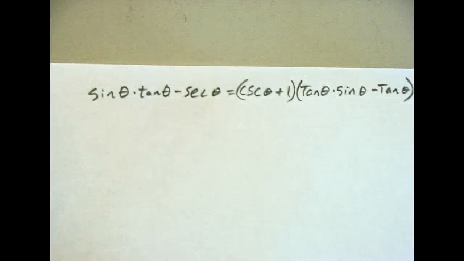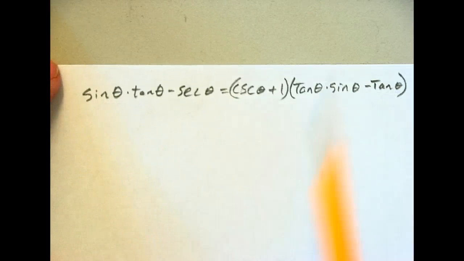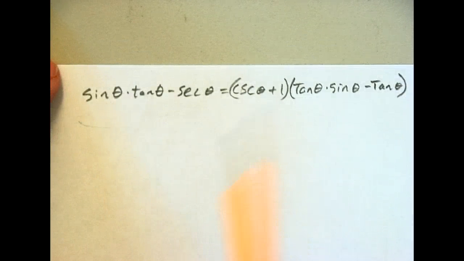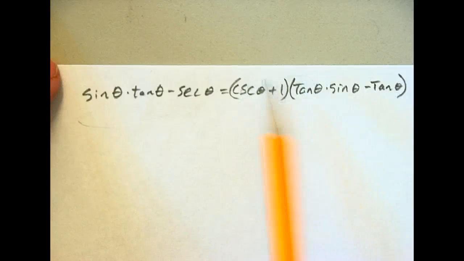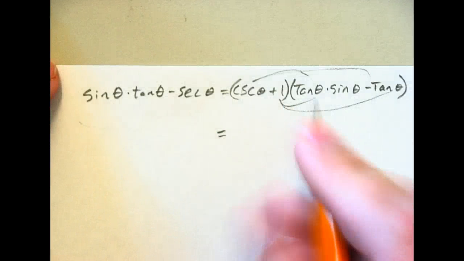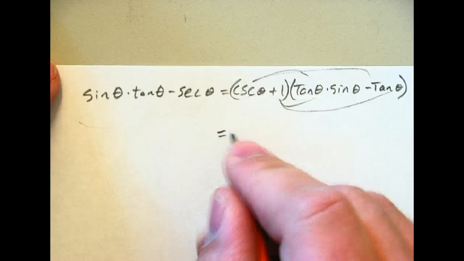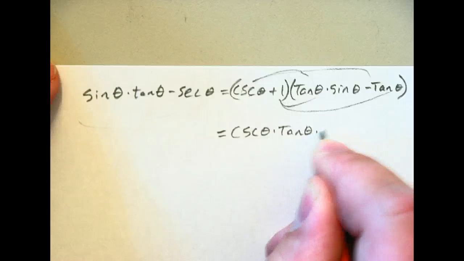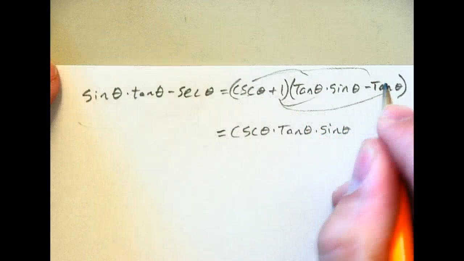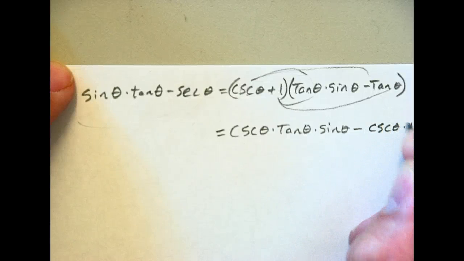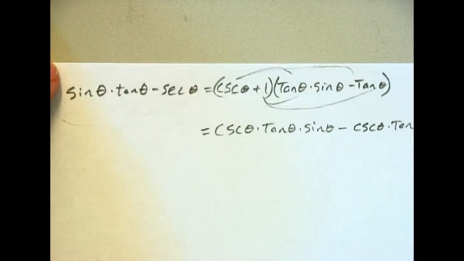Which is a mess. So following all those steps I gave you, I've cross multiplied, now simplify each side. On this side, there's not tons to simplify yet. Over here I can do distributive or FOIL, and then try to simplify. FOIL: cosecant times tan sine, and then cosecant times tan theta, so you get that.